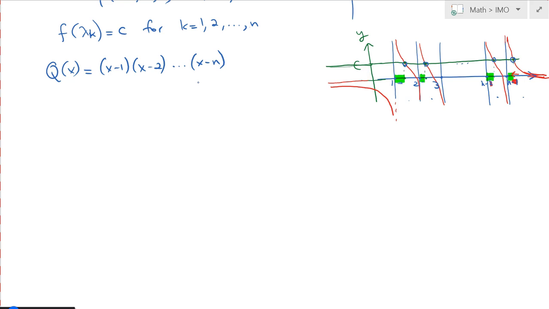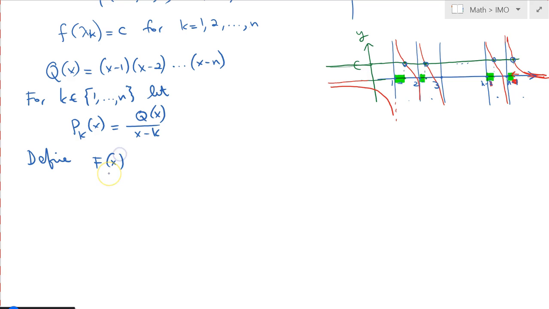It's an nth degree polynomial, and for k in the interval 1 through n, I would like to define p sub k of x to be simply equal to the polynomial q of x divided by x minus k. So I'm basically just removing the term x minus k from q, and I get a new polynomial p sub k.